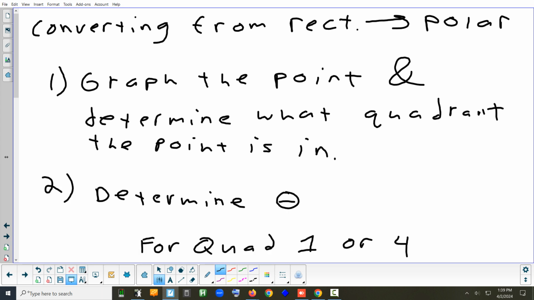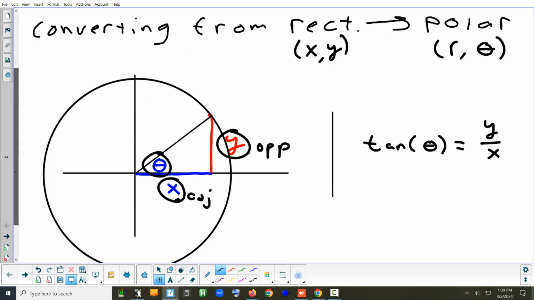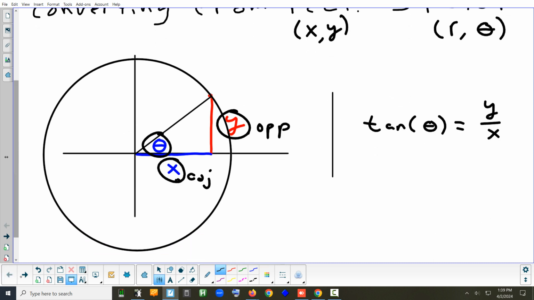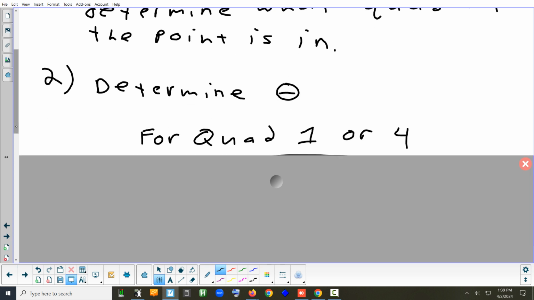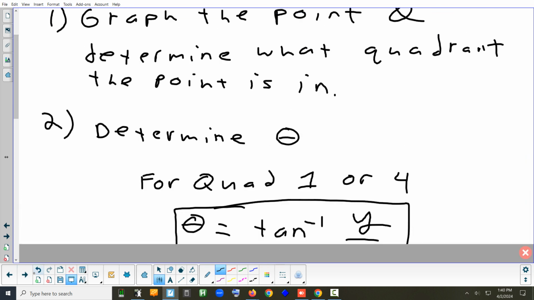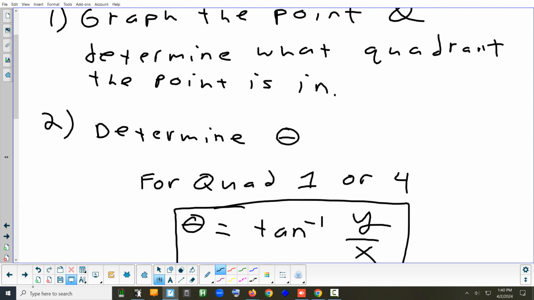Then, if you are in quadrants 1 or 4, which we were in this last picture, that's quadrant 1, you can do the inverse tangent of y over x. That's the formula we came up with on the other page. That works fine.